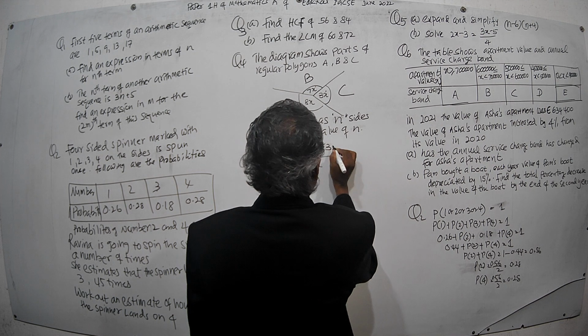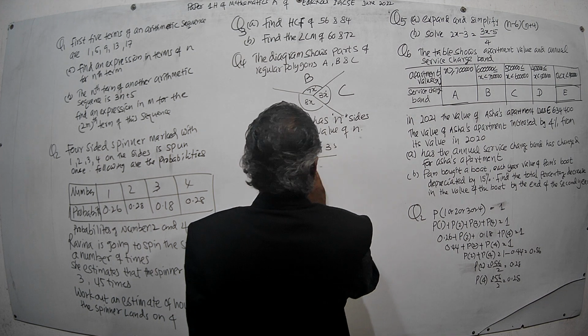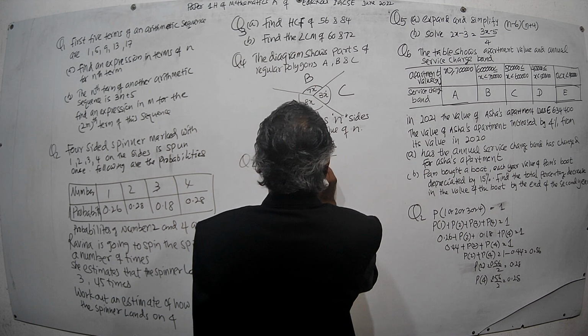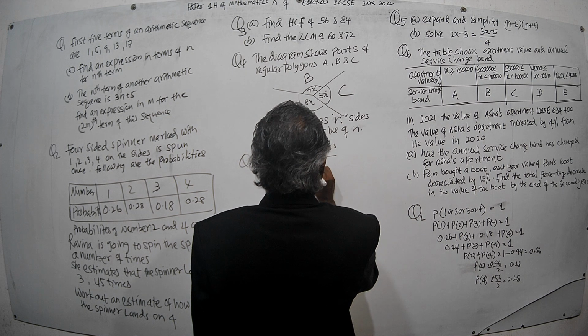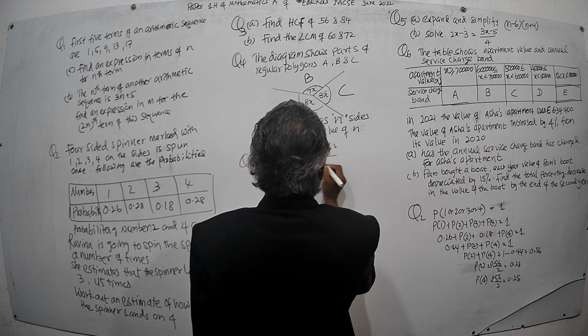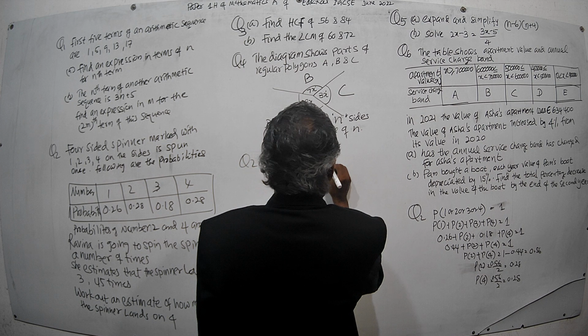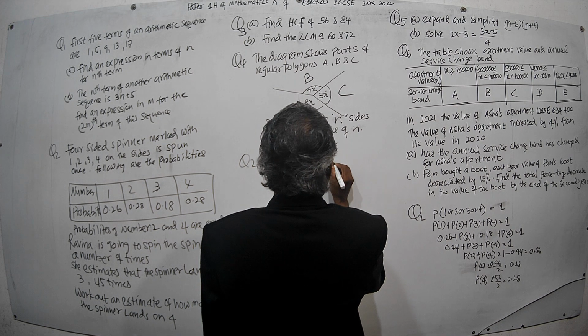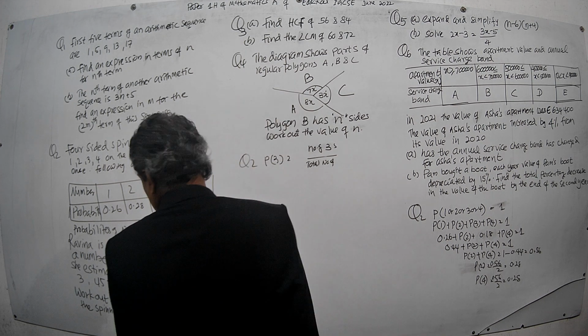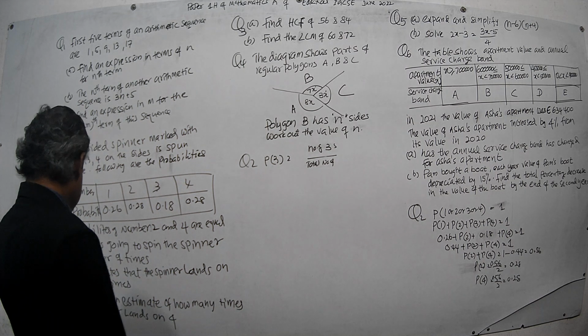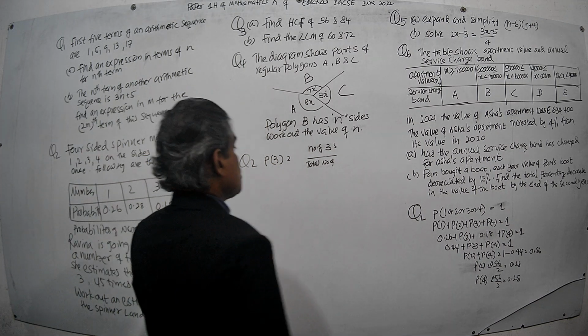Then here this is the total number of trials. Total number of what is that called here? Total number of spins, right?